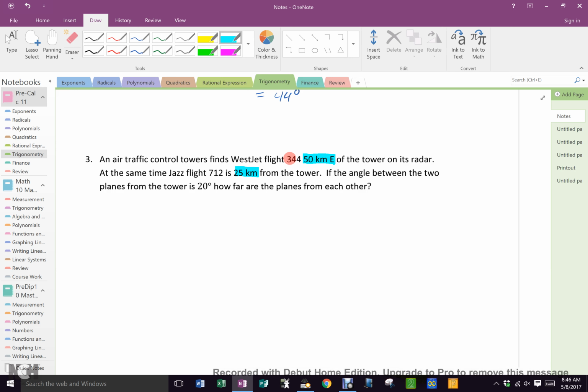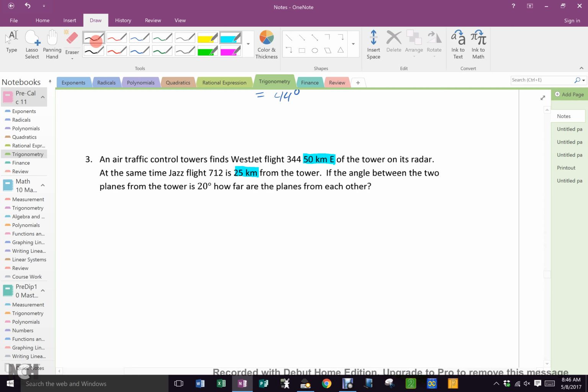Because this is a real life version of what we're doing right now, yes? If you were plotting stuff on a map, you don't have A, B, C, D. You have this boat or this building, you understand what I'm saying? So you've got to be able to sort this out. So let's sort it out. Flight 344 is 50 kilometers east of the tower.